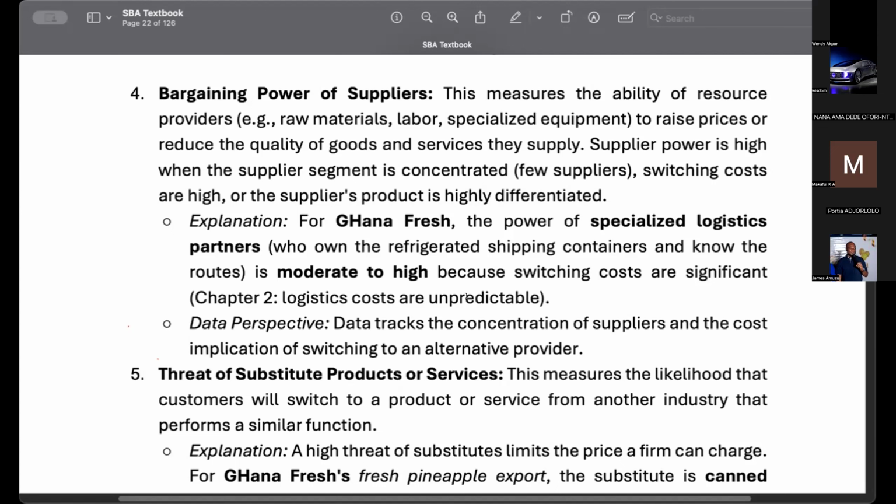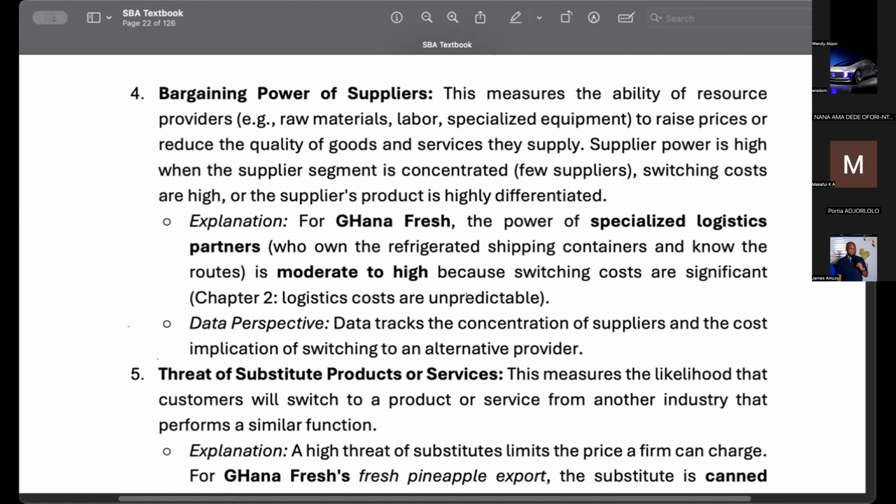One of the challenges of GH Fresh, when we look at the cases, is that because of the unpredictability of harvest, they are not able to ascertain how much they will be moving in terms of logistics. So logistics planning is very poor within GH Fresh.